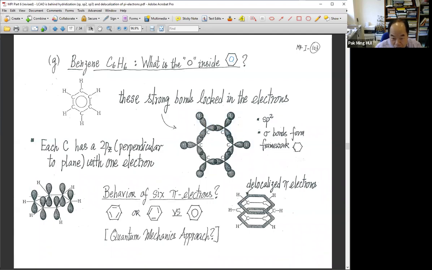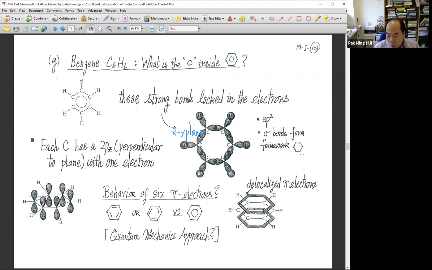Only that after this hydrogen, this one is bound to the next carbon through, again, very strong overlap. So the framework is on the XY plane. We will not explain it again. It's sp2, done. So this is this framework.